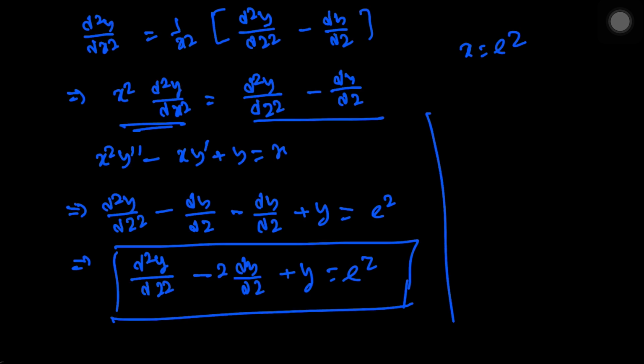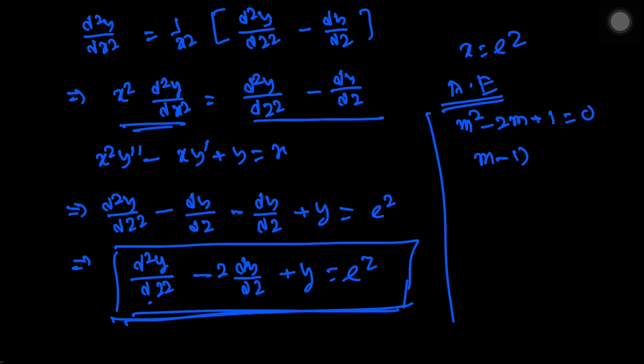For this, the auxiliary equation becomes m² - 2m + 1 = 0. So (m - 1)² = 0, it gives m = 1.